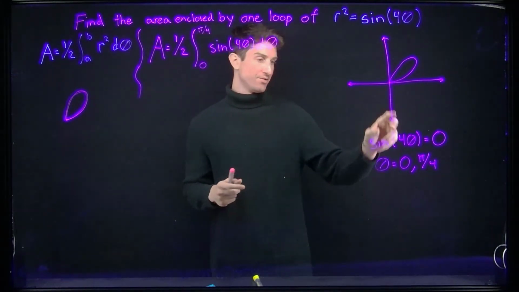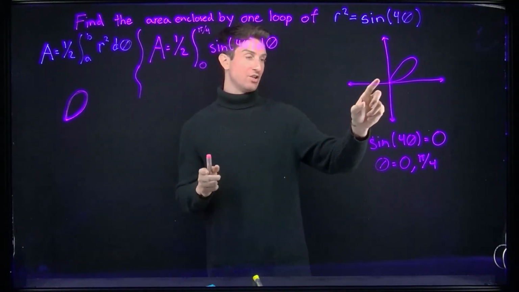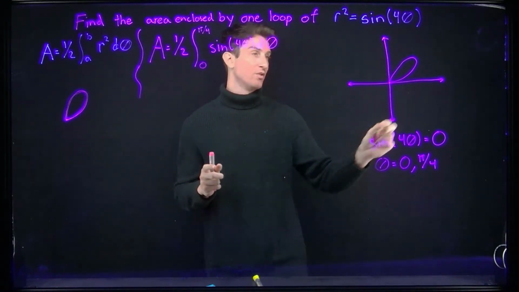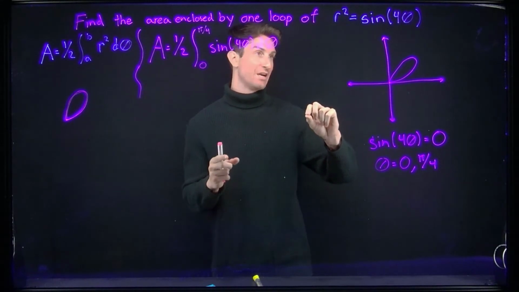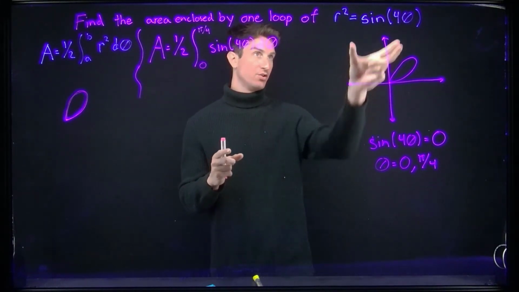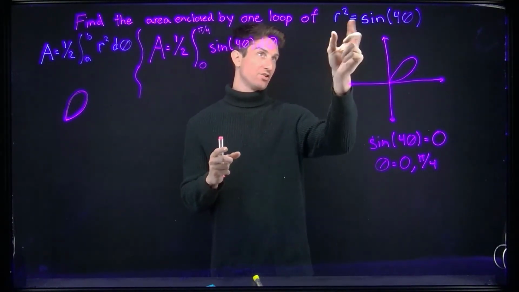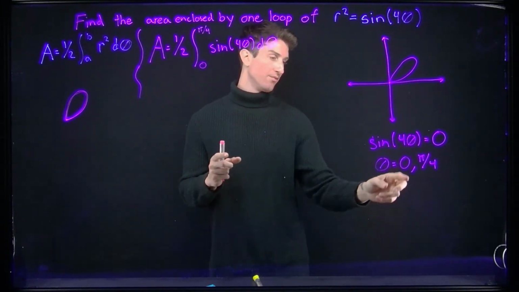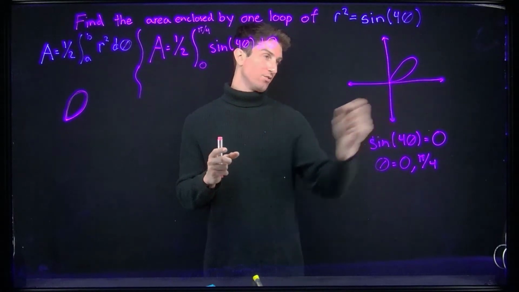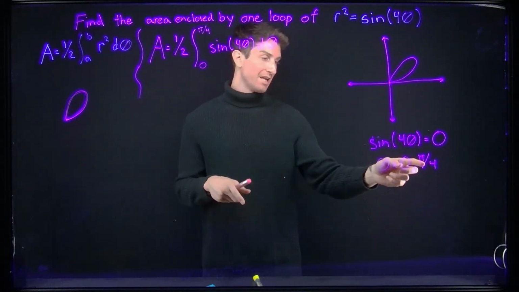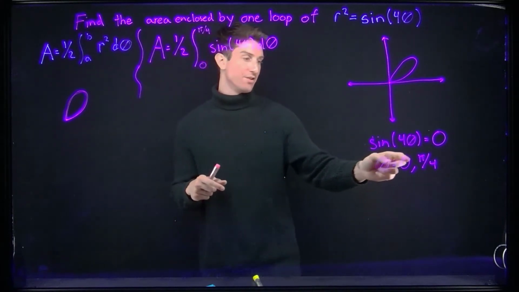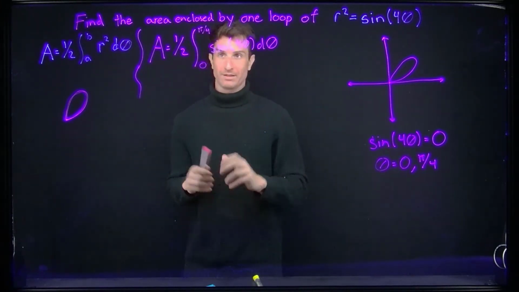And so our bounds, if it says 1 loop, I need to know if I start with a radius of 0, which is what's happening, and when do I come back to having a radius of 0, because that will close my loop. So I took my radius, even though this is r squared, because it's 0, it doesn't matter, set it equal to 0, and of course the first one's at 0 degrees, and the next time is at pi over 4. So we've completed a full loop after we've traveled from 0 to pi over 4, right? So that's all I need to do.